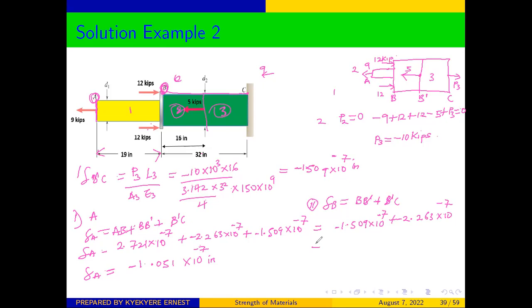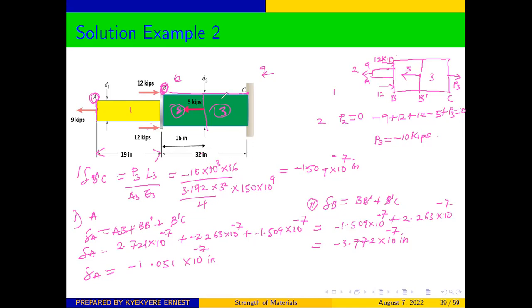And our final answer is going to be negative 3.772 times 10 to the power negative 7 inches. So that was pretty much simple, isn't it?